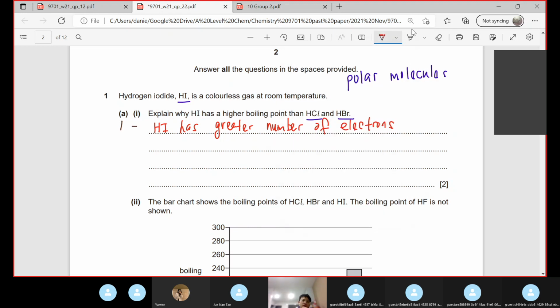Then for another mark, you need to mention the strength of the instantaneous dipole-induced dipole forces.